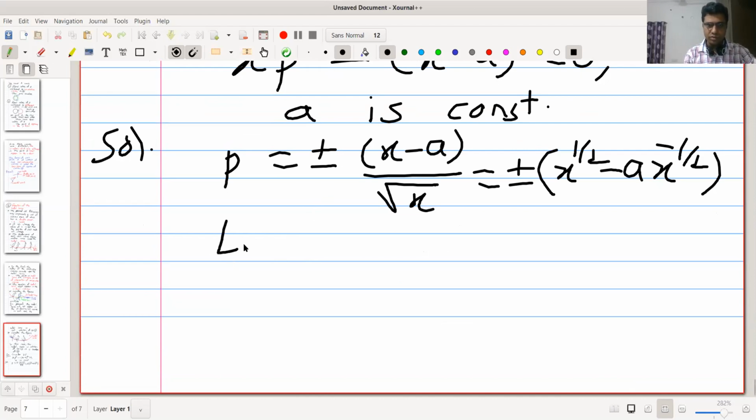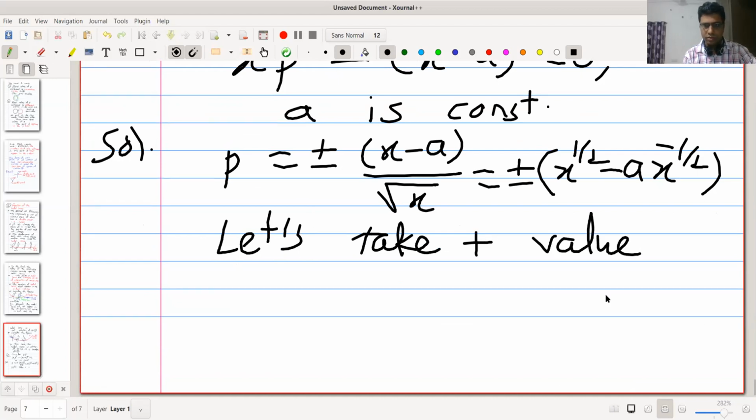Anyway, we are going to square in the final steps. So minus value will also be okay. For simplicity, we take simply plus sign.